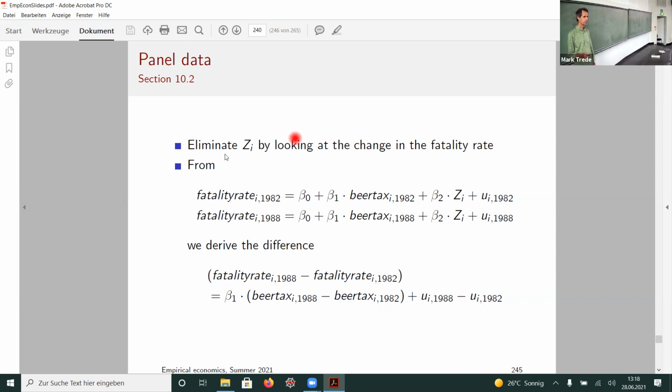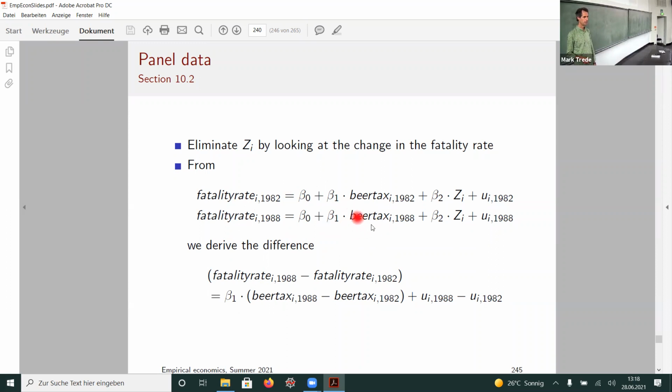All right, so we have two regressions here. Now we subtract them from each other. We subtract the first from the second one. So on the left-hand side, we have the difference in the fatality rates, the increase or the change in the fatality rates. Then we have intercept minus intercept, drops out. So there's no intercept here.